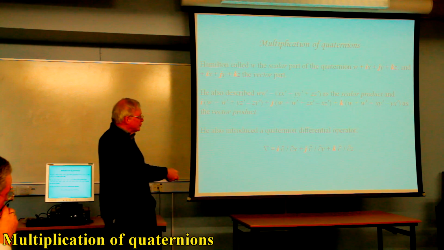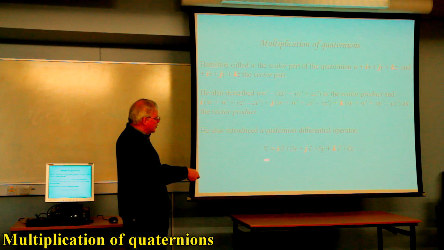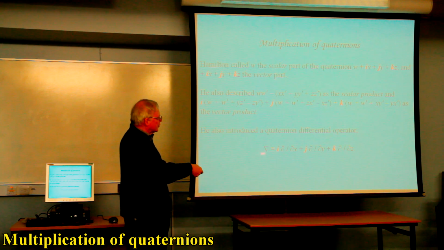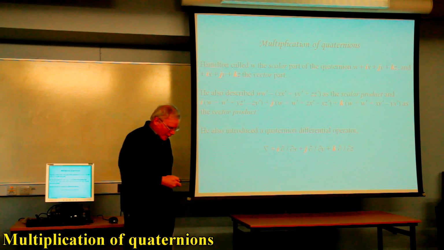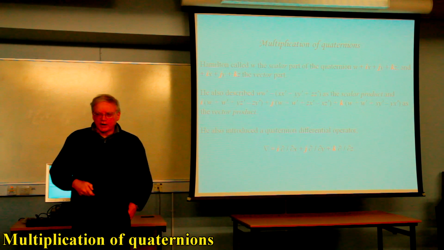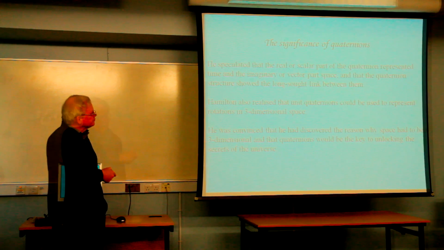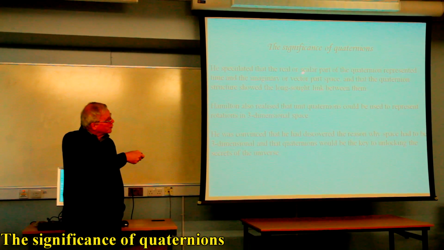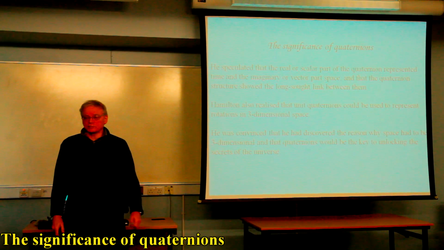He also introduced a quaternion differential operator, which he called nabla, and some people still call it that, but most of us call the vector operator equivalent del. And so he had very much the rules that we now call vector algebra, but within quaternion structure. He speculated that the real or scalar part of the quaternion wasn't space-like, it was time-like.